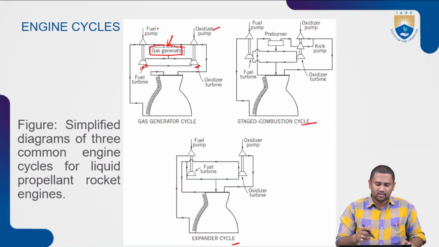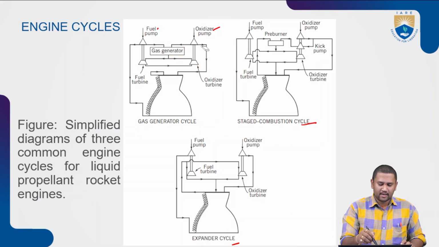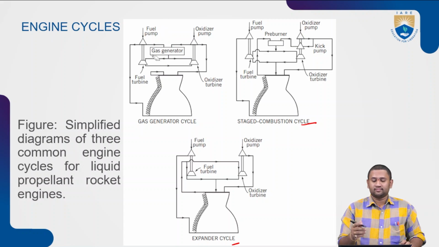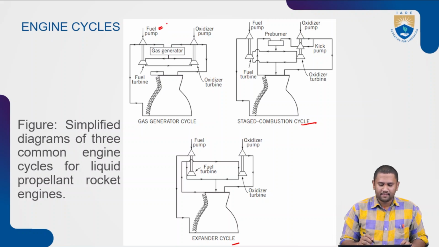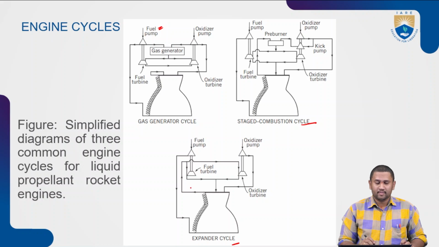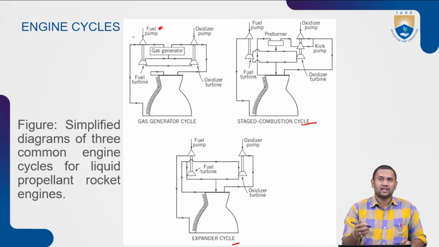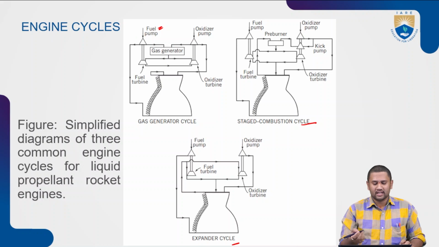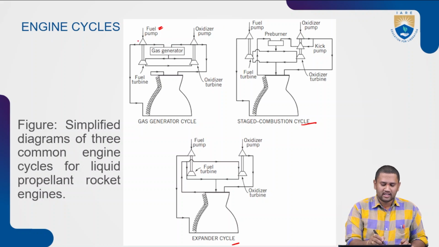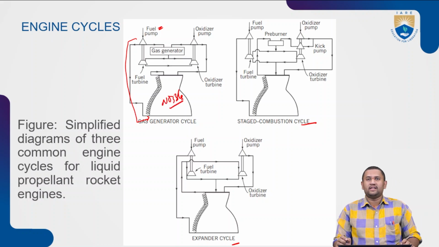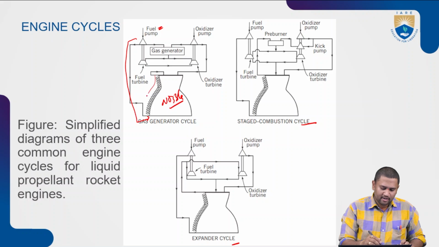Now, going to the cycle form, what happens? From the fuel pump, the fuel, stored under either cryogenic or non-cryogenic conditions, is sent directly towards the nozzle. Now, what is this spiral form?